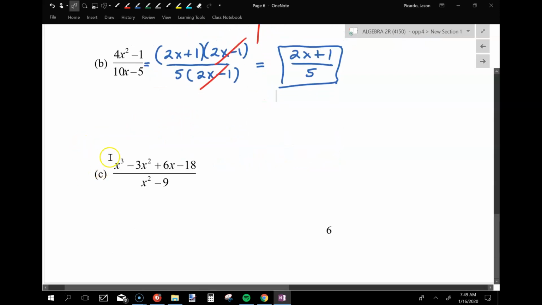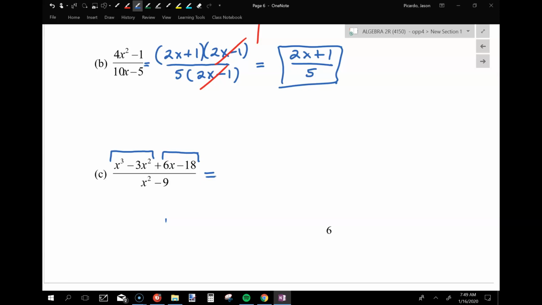C. How many terms on the top? 4. What does that indicate that you're probably going to need to do? Grouping. Factoring by grouping. What's the greatest common factor that I can take out of the first two terms? X squared.